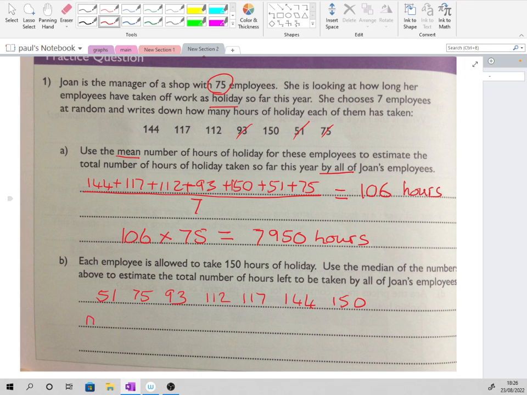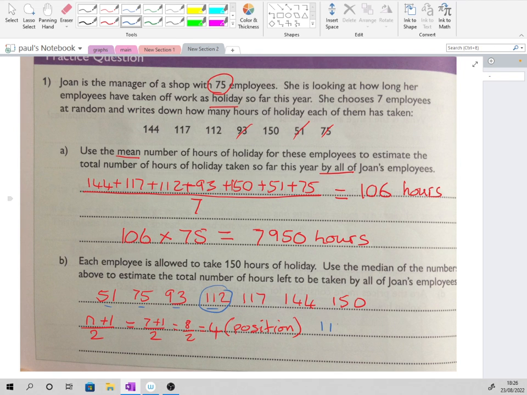So n plus 1 divided by 2: 7 plus 1 divided by 2 is 8 divided by 2, which equals 4. So that's the position. So we count in 4 from the start: 1, 2, 3, 4. There.